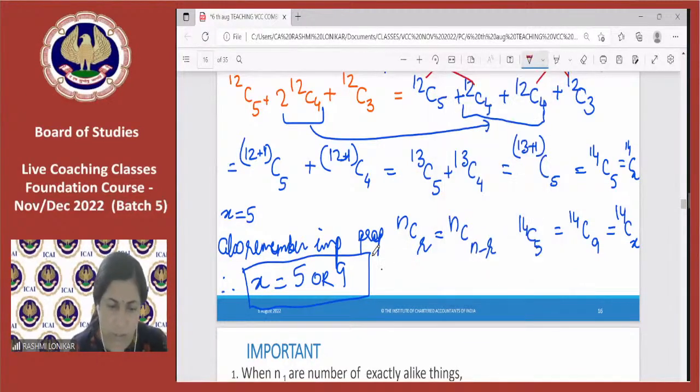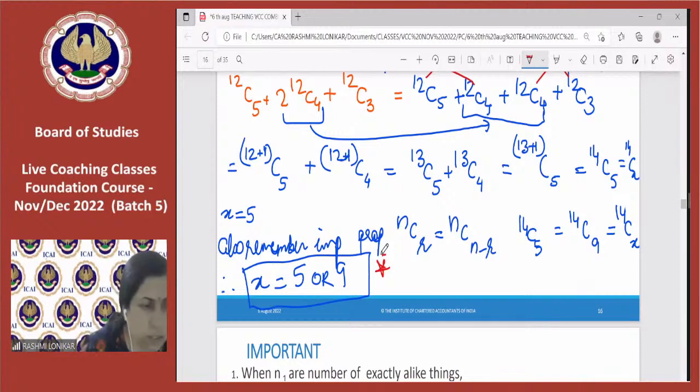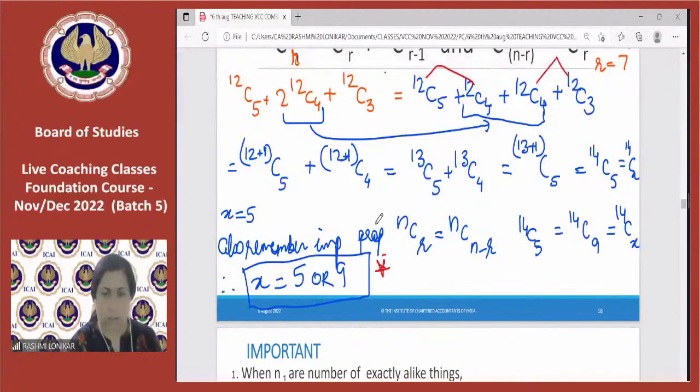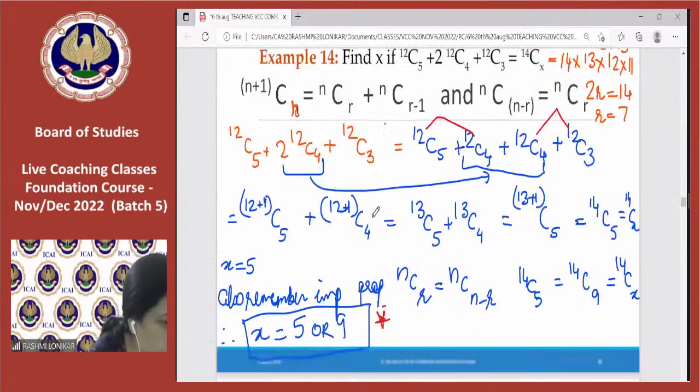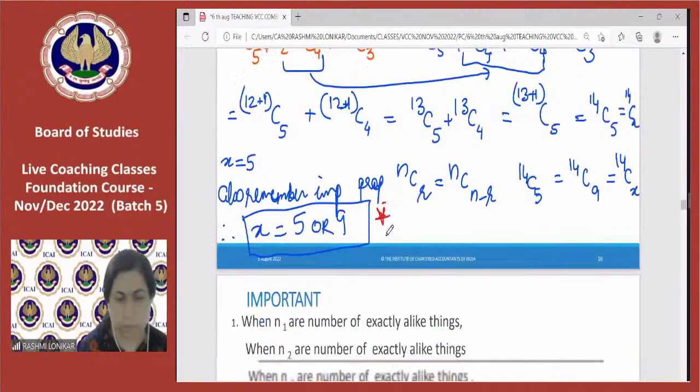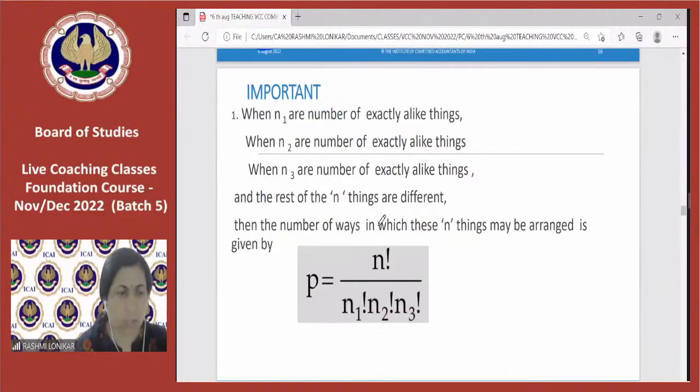Okay, so this is important. So I'm getting 5 or 9. Just let me check the answer. So this is the correct answer. Okay, understood till here?